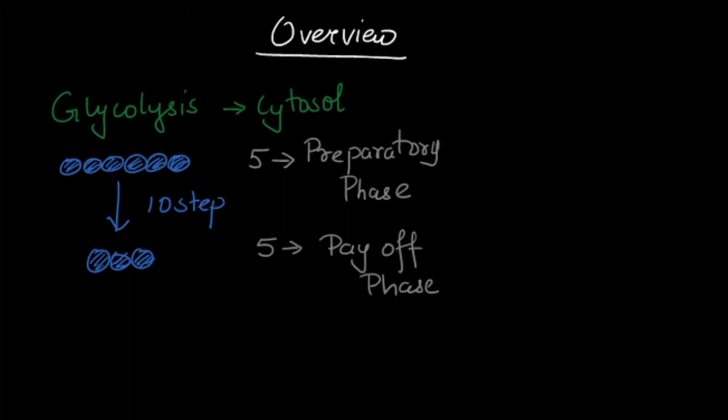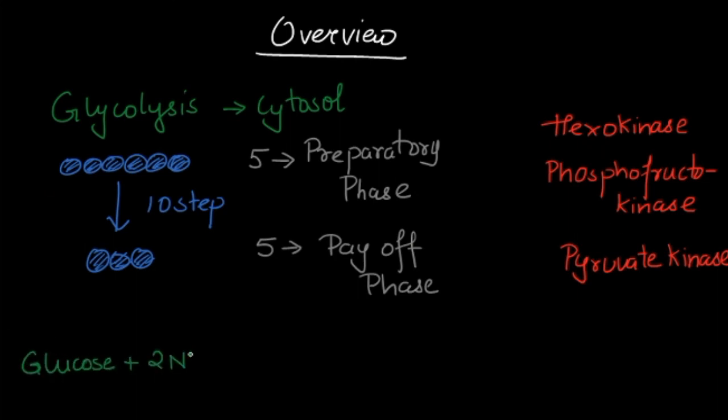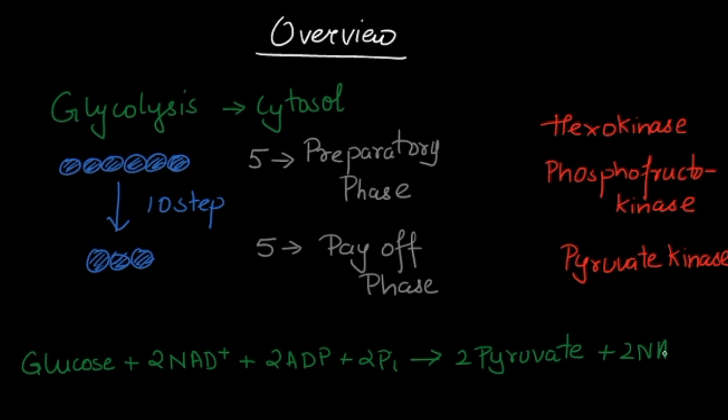The 3 irreversible glycolytic reactions are catalyzed by hexokinase, phosphofructokinase, and pyruvate kinase. As a whole, at the end of the reaction, we get the net reaction in which glucose is utilized and gives rise to 2 molecules of pyruvate.